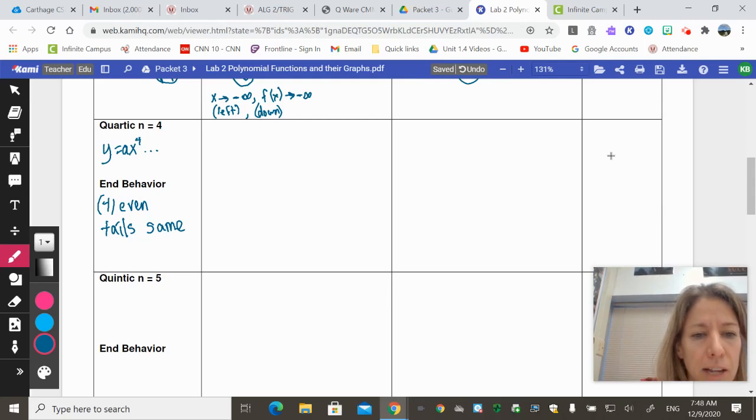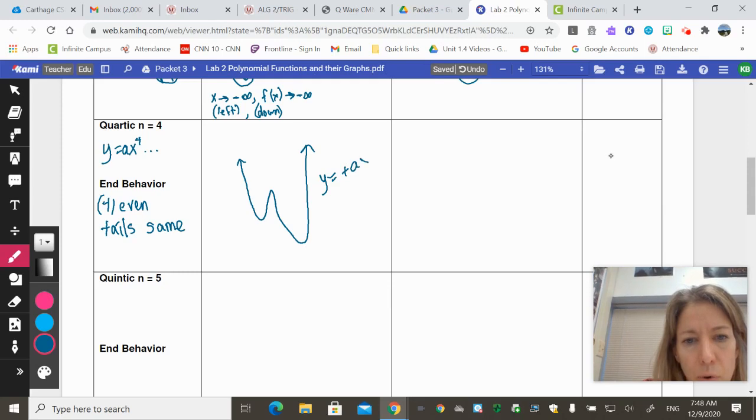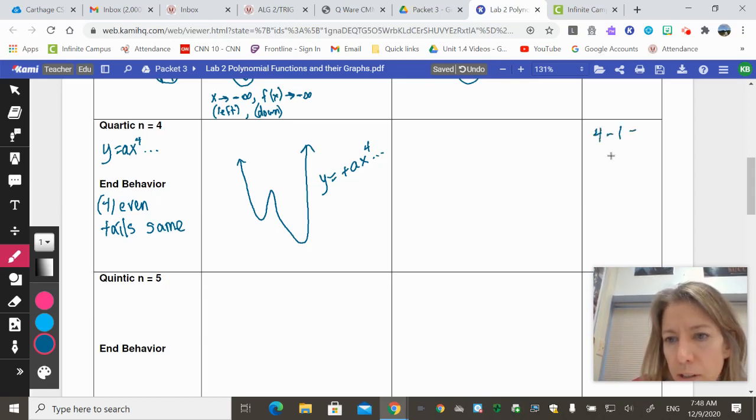So in this case, where the lead coefficient is positive, I have a degree of 4, so it could have up to 3 turns. So 1, 2, 3. That's what a positive lead coefficient in a quartic could look like. So the number of turns, 4 minus 1 equals 3. 3 potential turns.